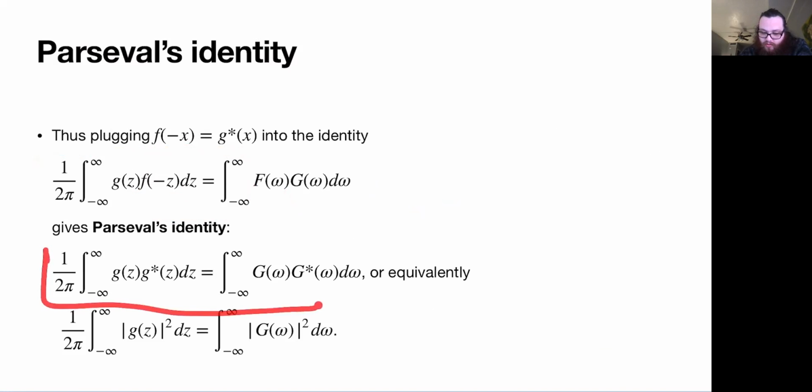So we end up with this expression, which is all well and good. But we recognize that this is some possibly complex number, might be real, might be complex. But what we're doing is we're multiplying this number by its complex conjugate, right?